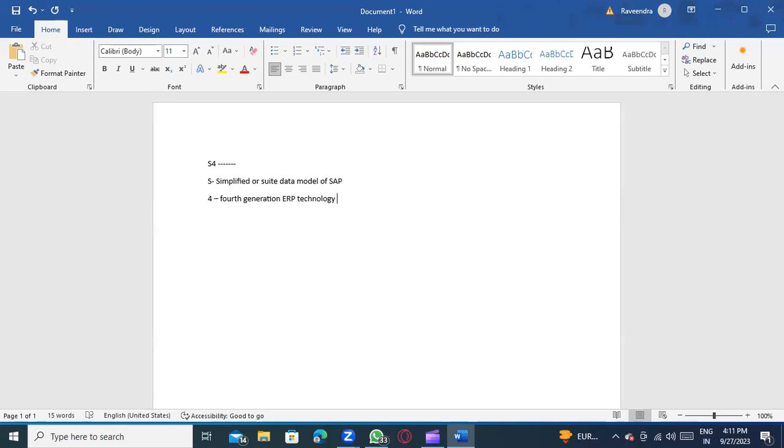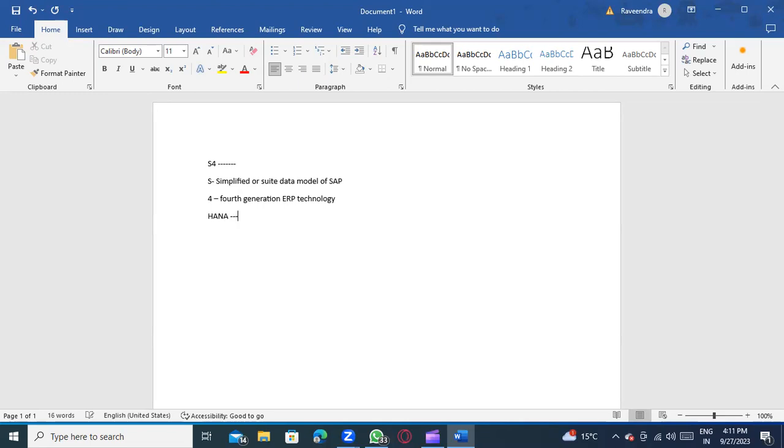Simply we can say it is simplified, so our data model of SAP is fourth generation ERP technology. And what is the meaning of HANA? So we are calling it S4 HANA. S means simplified: all the screens and Fiori design, everything is simplified, and a suite data model, which is fourth generation. Now, what is the meaning of HANA?